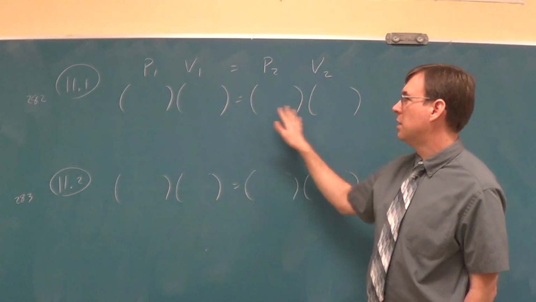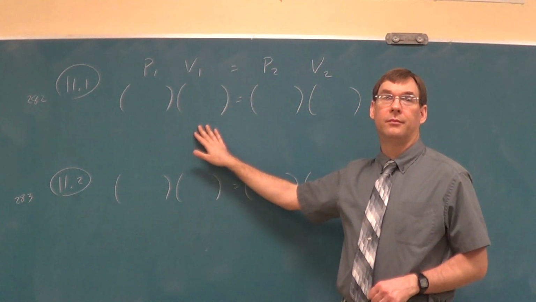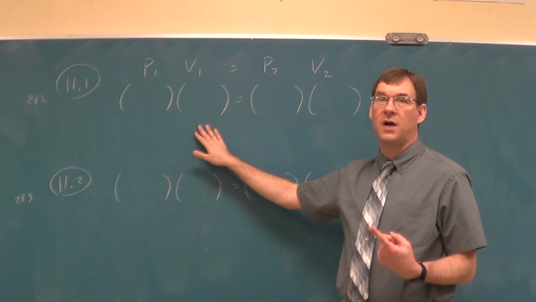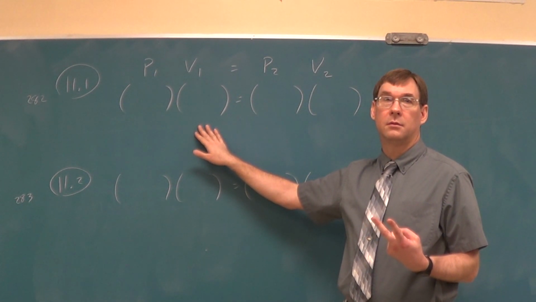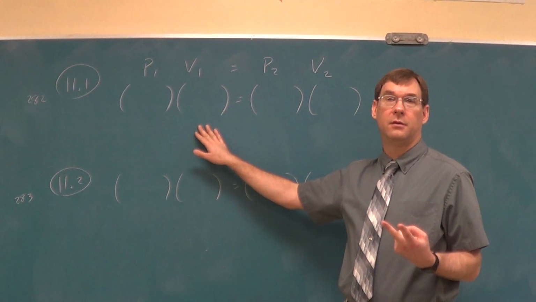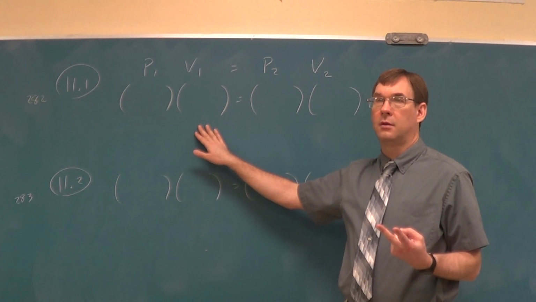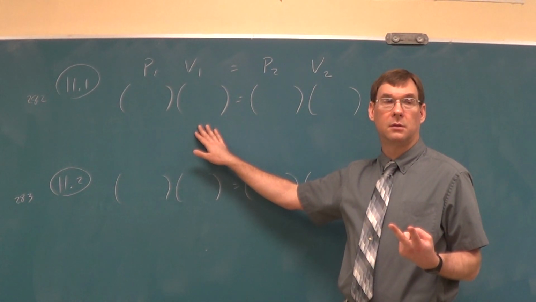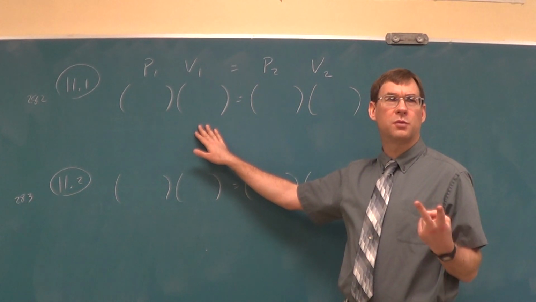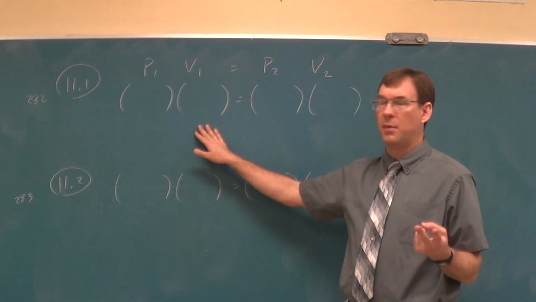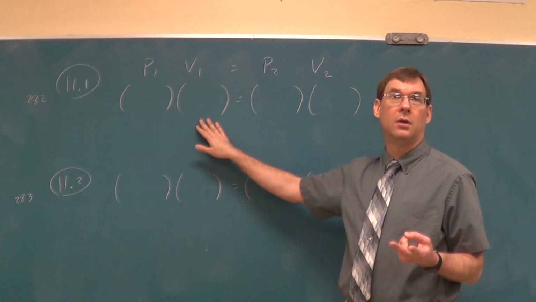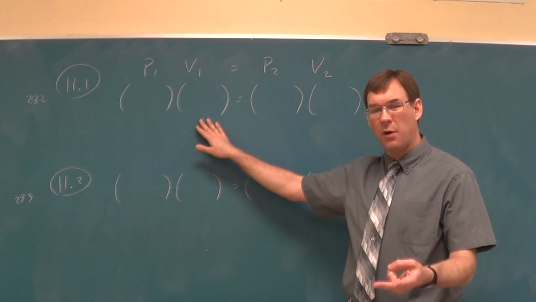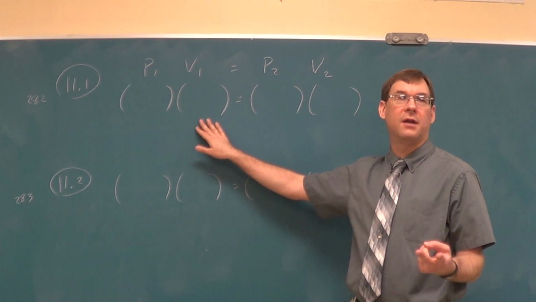Volumes, how do you know volumes when you see them? Liters is fine, milliliters is fine. Grams would be a mass. Other than liters, milliliters, anything in the liters family, there's another volume they could use, like quarts. They won't go English system, but that could work in a different setting.